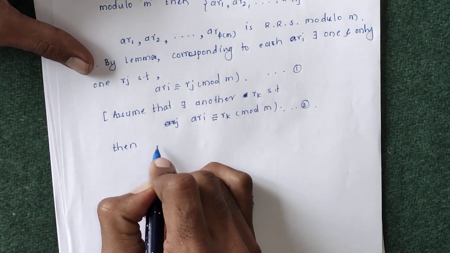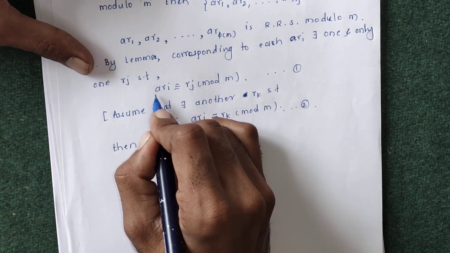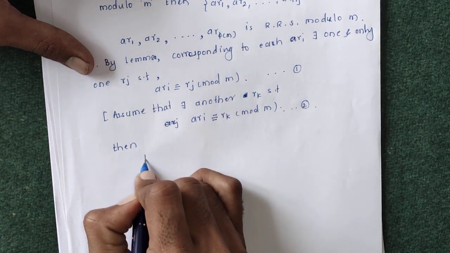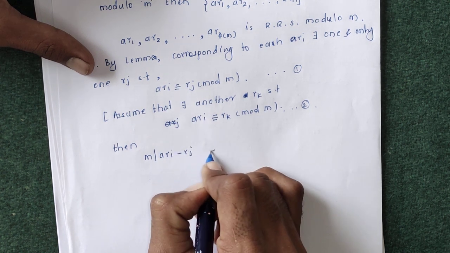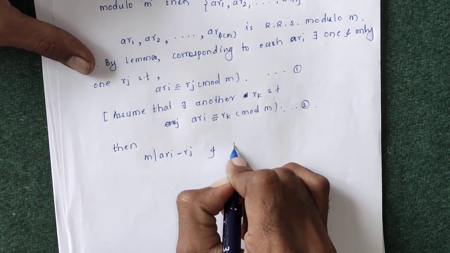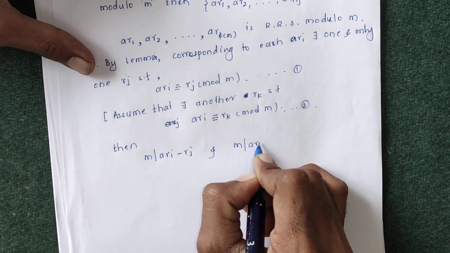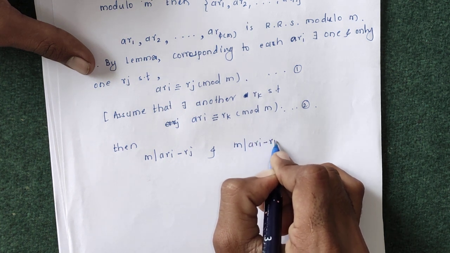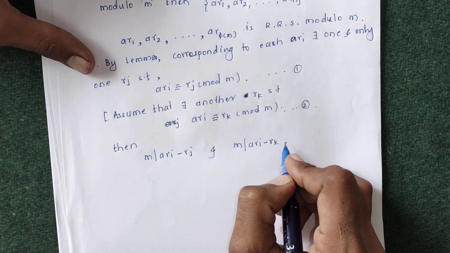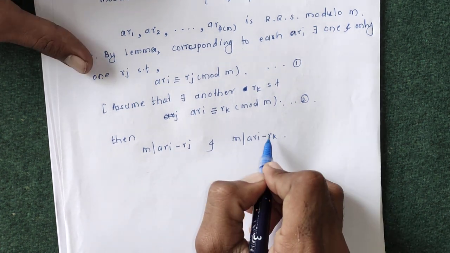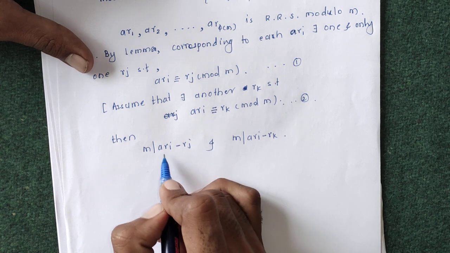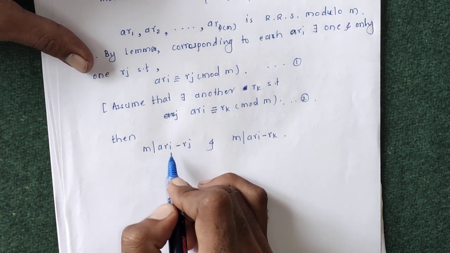From equation 1 we get M divides aRi minus Rj, and from equation number 2 we can say that M divides aRi minus Rk. After that we can use the definition of divisibility.